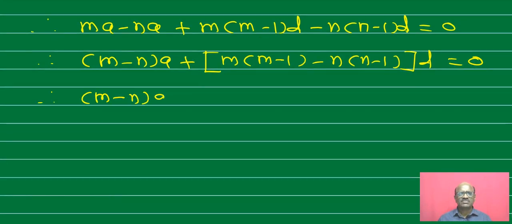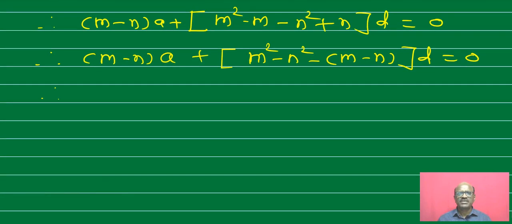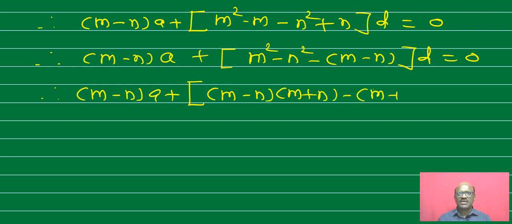Now simplify this: (m minus n) into a plus (m square minus n square minus (m minus n)) into d. Now simplify this: (m minus n) into a plus (m minus n)(m plus n minus 1) into d equals 0.